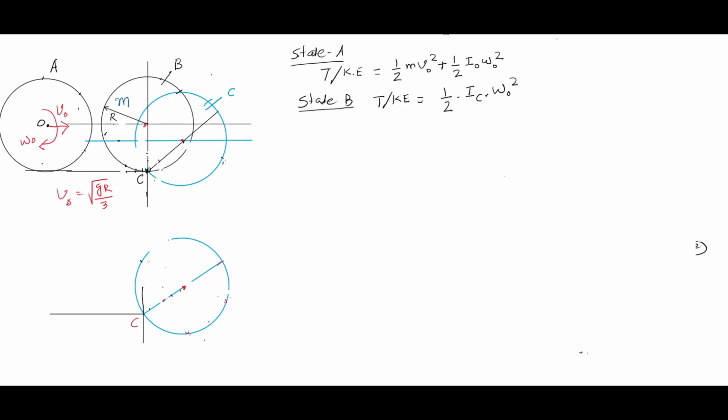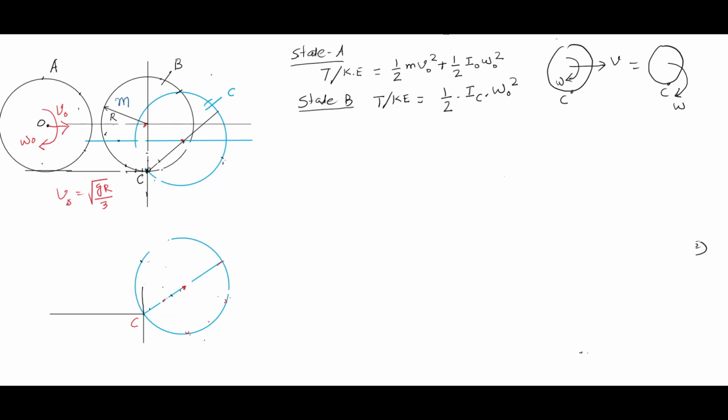This is because pure rolling is equivalent to a pure rotation when the rotation takes place about the point of contact. Energy wise they are equal.